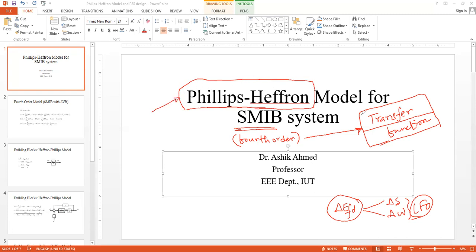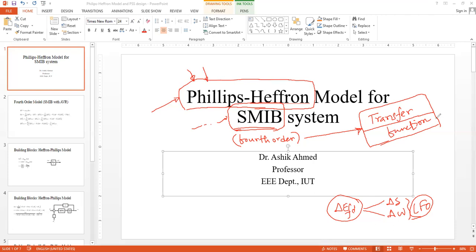And later on, of course, this is the basic building block because we are only considering the single machine infinite bus system. Later on, the same model was used for extending the single machine infinite bus system to the multi-machine system. And in the same manner, if you add any additional device to your system, like any flexible AC transmission system or high voltage DC transmission system, you can take help of this Phillips-Heffron model.